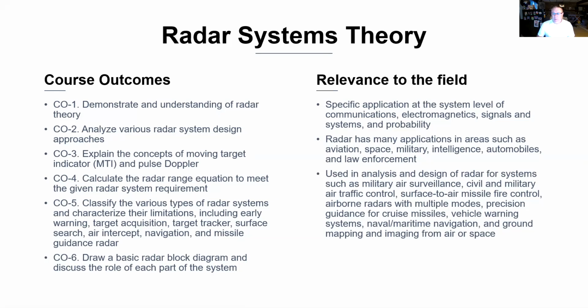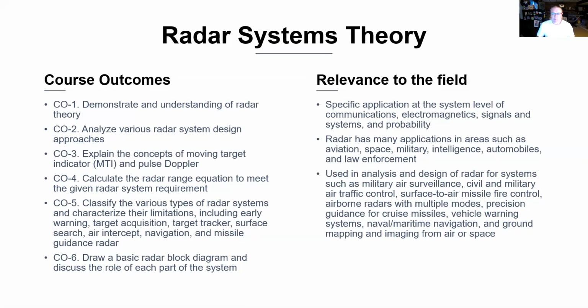Like I said, you use this class in analyzing existing radars, or designing a new radar system. Applications such as military air surveillance, civil and military air traffic control, fire control for surface-to-air missiles.